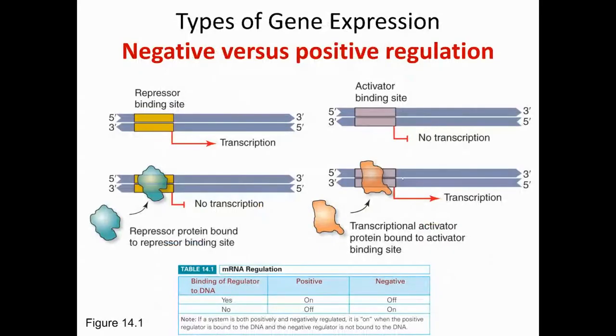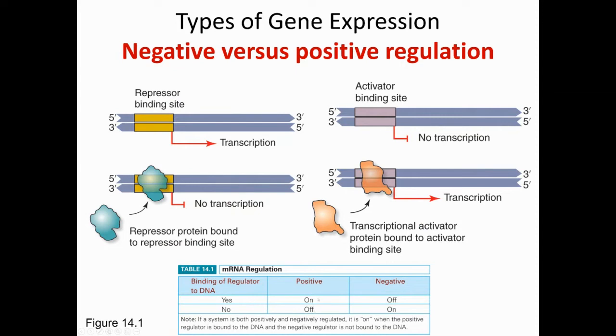So the detail here, for example, the negative regulation versus the positive regulation. If you look at positive regulation, binding of the regulator to the DNA: if nothing is bound, the expression is off.